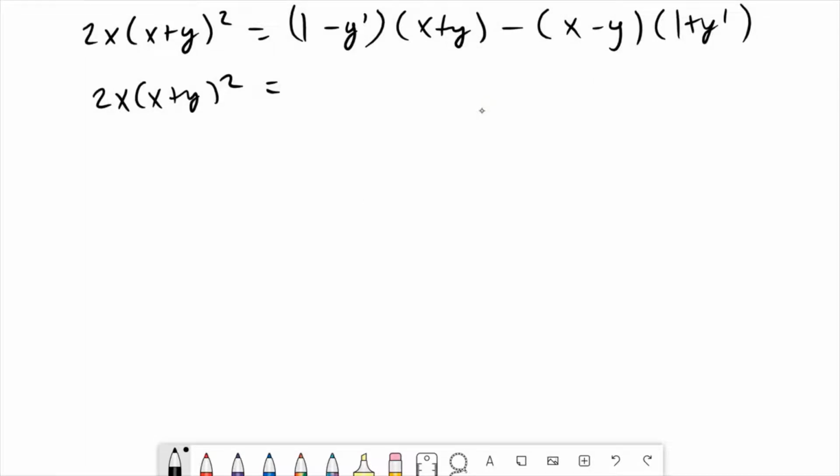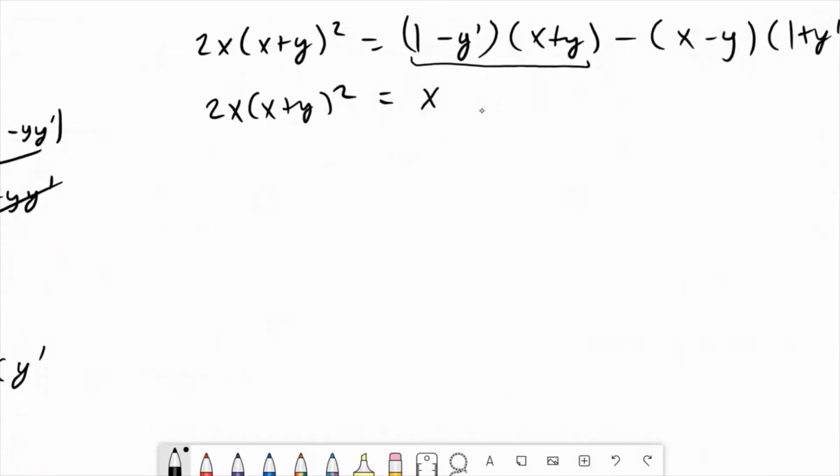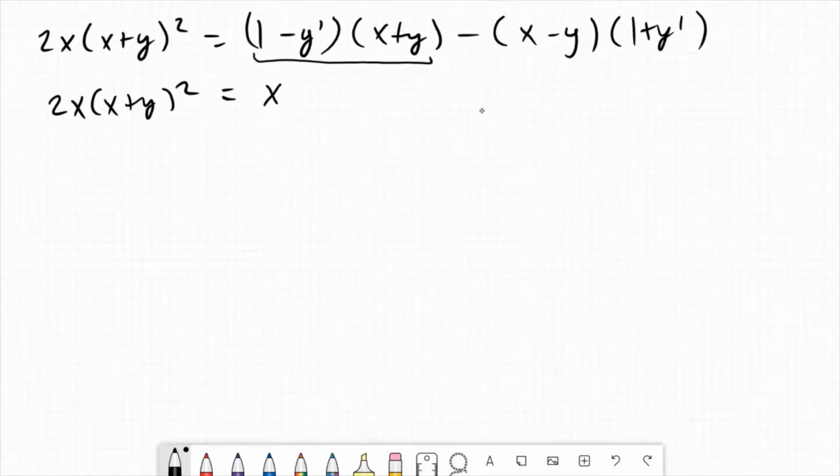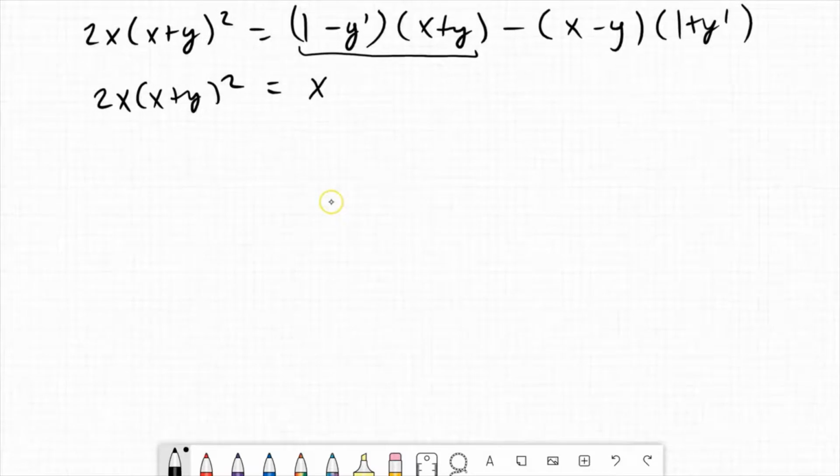Using FOIL, I'm going to take this first term right here, it's x. There we go. x, and then plus y minus x y prime minus y y prime.